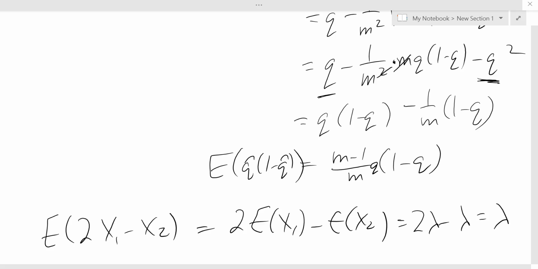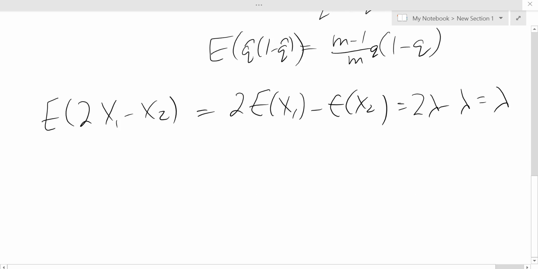All right. So I'm going to jump ahead in the book to section 10.5, which talks about Chebyshev's inequality.